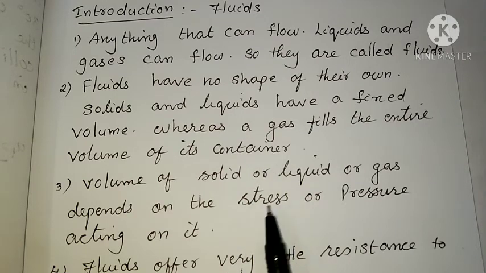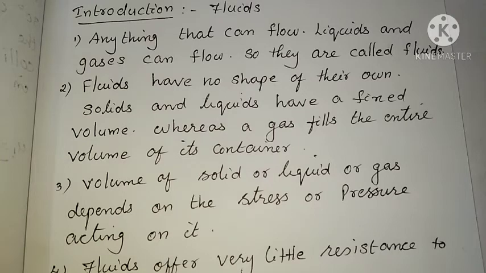And volume of solids or liquid or gas depends on the stress or pressure acting on it. When we talk about the fixed volume of solid or liquid, we mean its volume under atmospheric pressure.